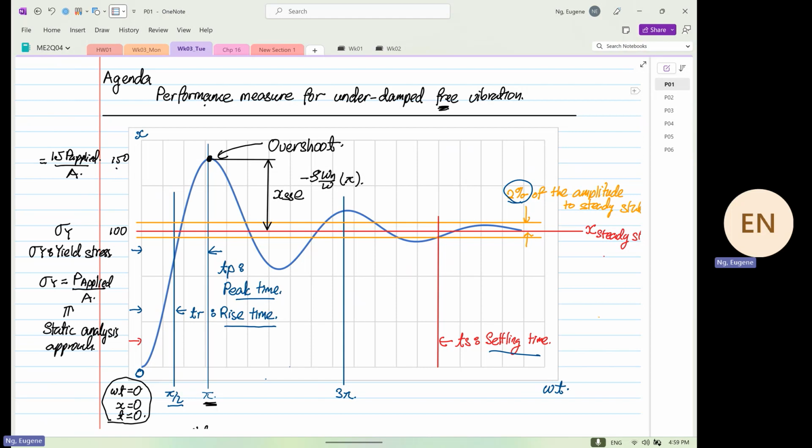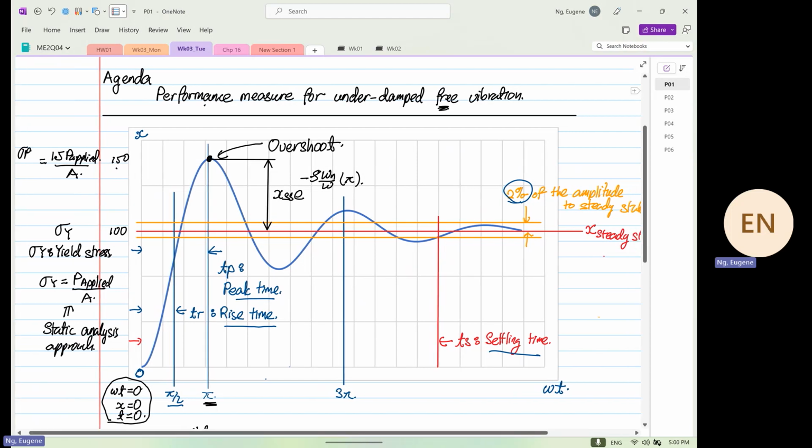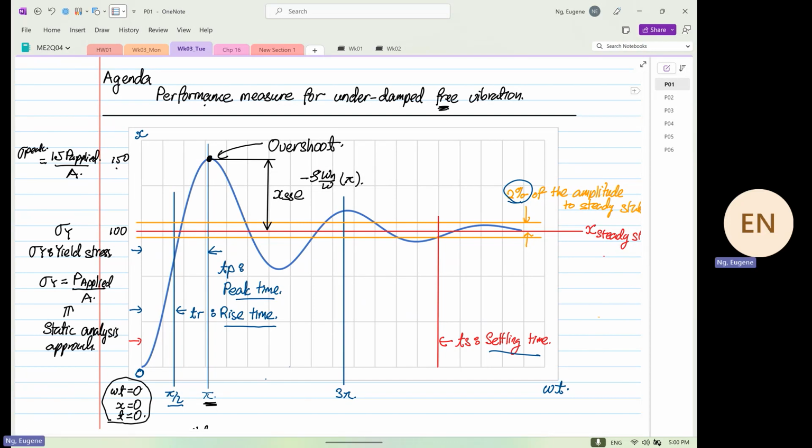Now this stress is known as your stress peak. So we are very sure that your stress yield is going to be less than your stress peak.